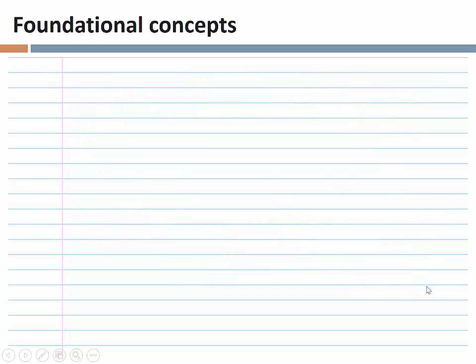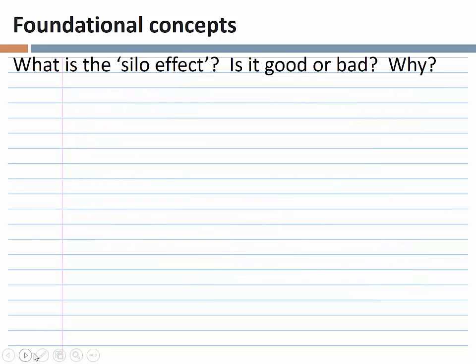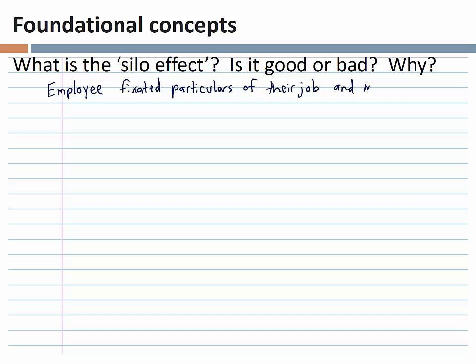And that kind of gives us a nice transition into what was my next question here, which was, what is the silo effect? And the silo effect is when an employee gets fixated, if you will, on the particulars of their job and misses the bigger picture.